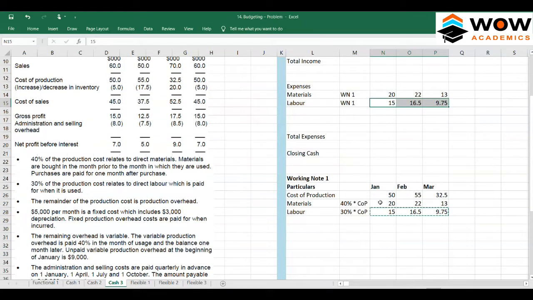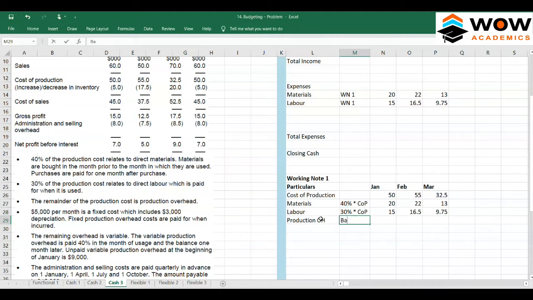The next one is the remainder, which is production overheads. So what is the balance? The balance is 40 and 30 is gone, so the balance would be another 30.